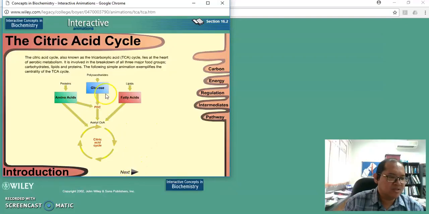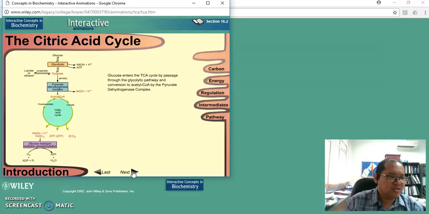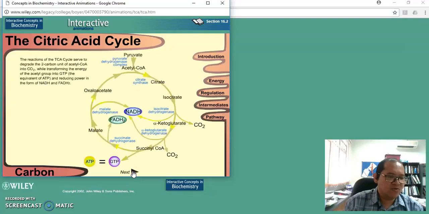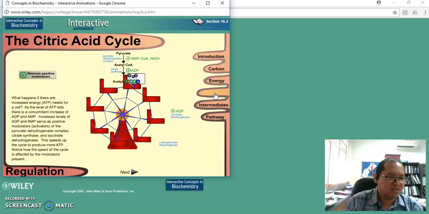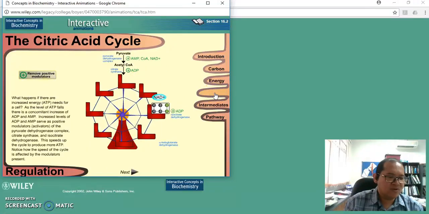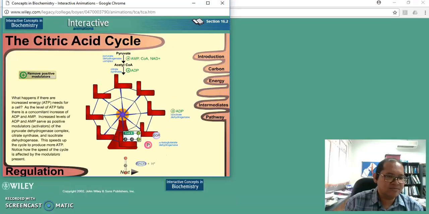So amino acids here, glucose and fatty acids. So move forward, so you find the cycle, just an overview of it, so the mechanism, how the energy is being produced, how to regulate it as well. It will be interesting for you to view it yourself later on. Okay?